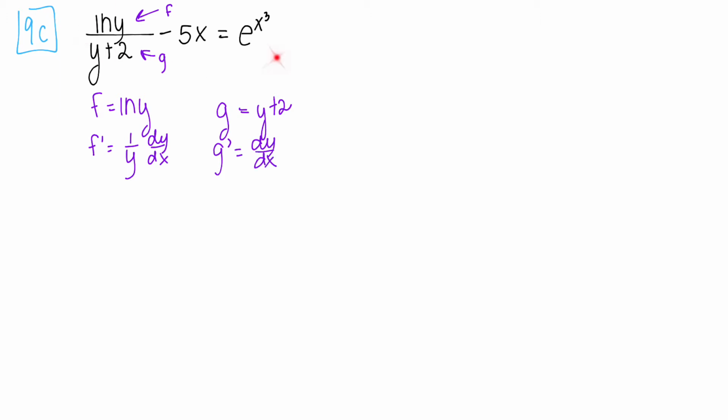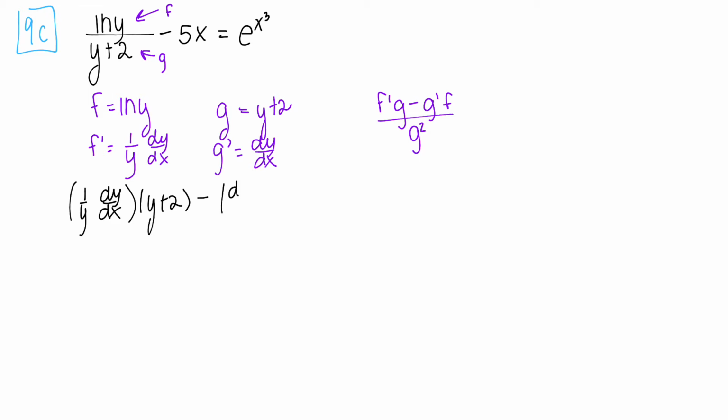So differentiating both sides here, this is going to be for quotient rule. Remember, it's f prime g minus g prime f all over g squared. So f prime, 1 over y dy/dx, times g, y plus 2, minus g prime, dy/dx, times f, which is ln y, all over g squared, so y plus 2 quantity squared.